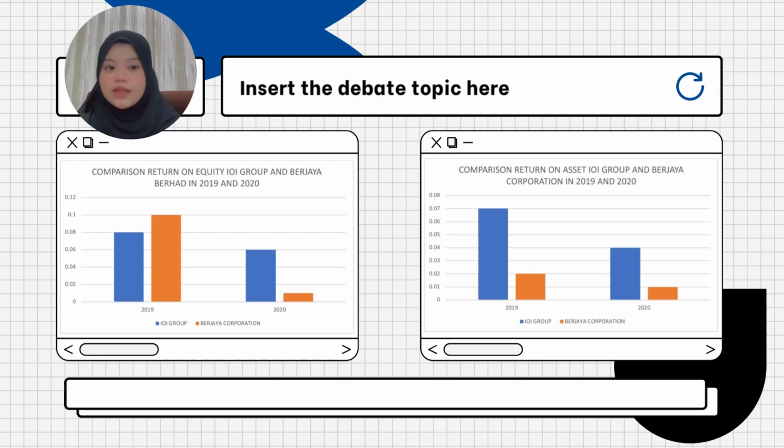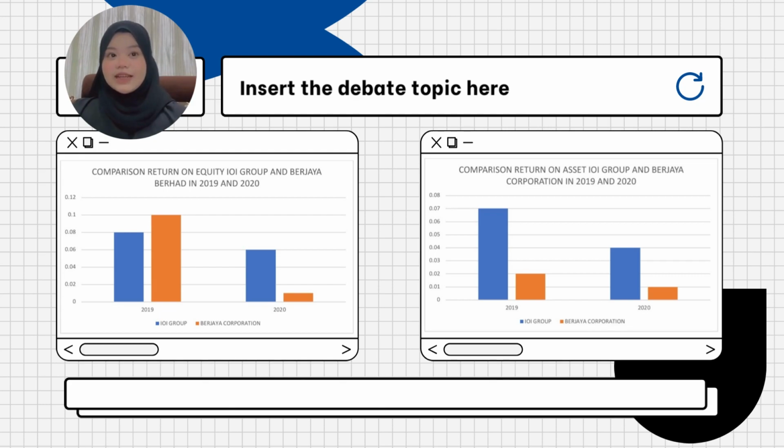In 2020, we can see that IOI has a higher value of return on equity of 0.06% than Berjaya Corporation's 0.1%. From the comparison, we could see that IOI Group have a higher value of return equity and has a proper way to deal with its negative value because it get better in 2020.